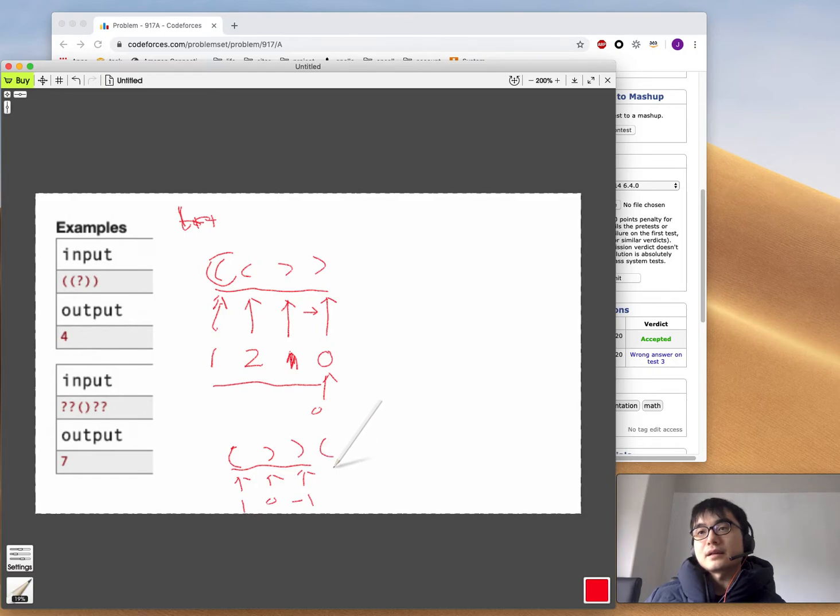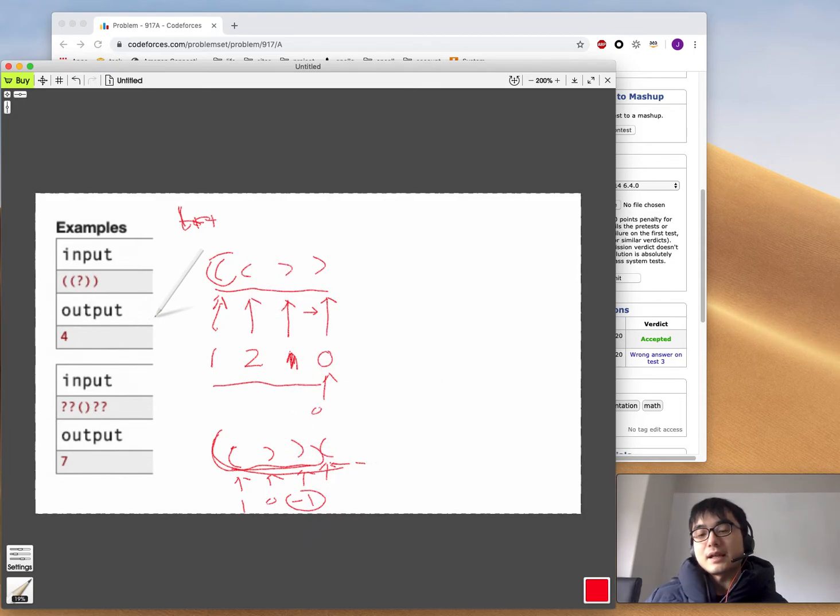And here, at this position, the counter is decreased to negative. That means this substream, no matter what happened to the rest of the stream, can never be valid because the counter is negative, right?